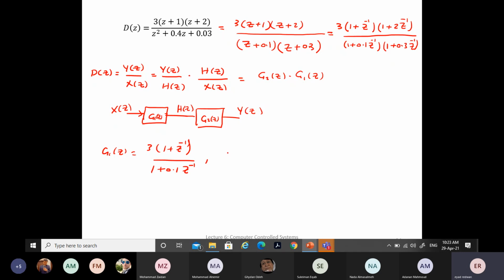So G2 of z will be 1 plus 2 z inverse over 1 plus 0.3 z to the power minus 1. This is a first order term and this is a first order term. So I would implement this and this as the next stage, and then I get the implementation of the whole system here. Any questions here?